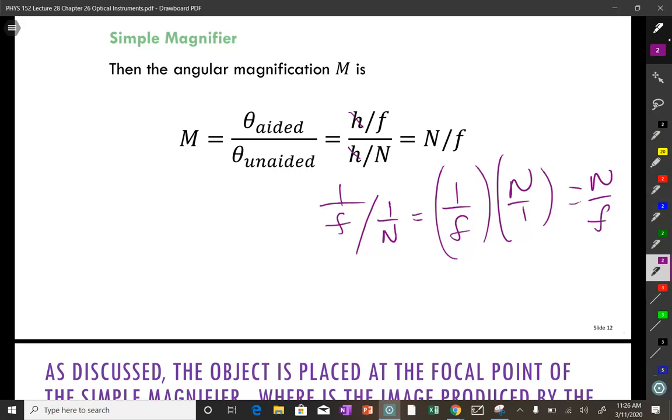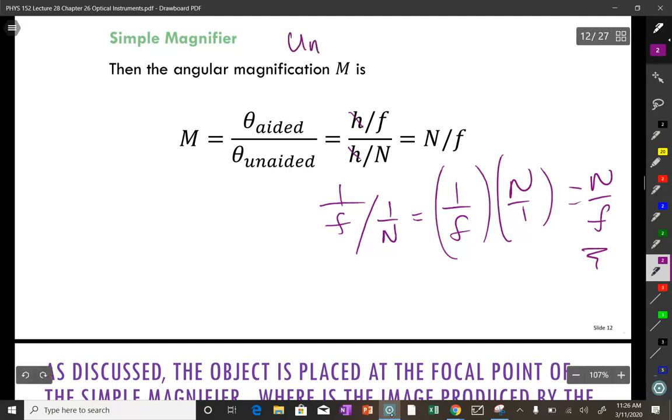Well, the equation theta aided over theta unaided is generic, but for the simple magnifier, it's always a converging lens. And so there's the magnification you get for unaccommodated.